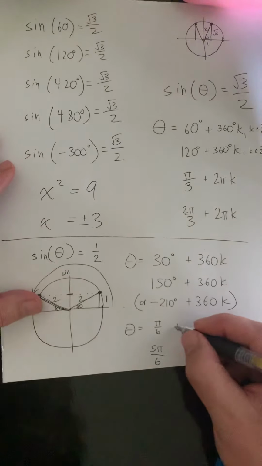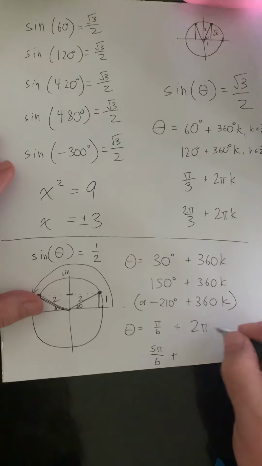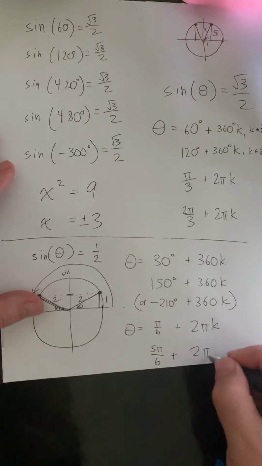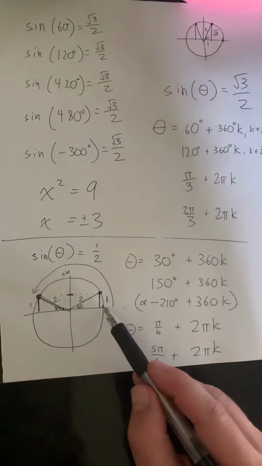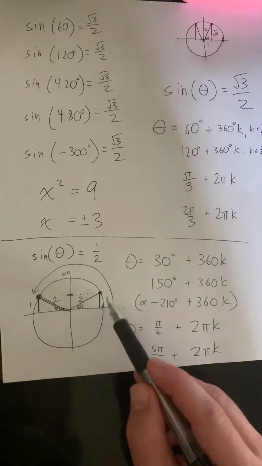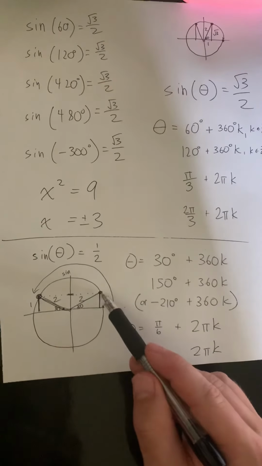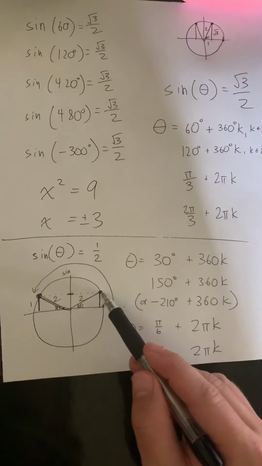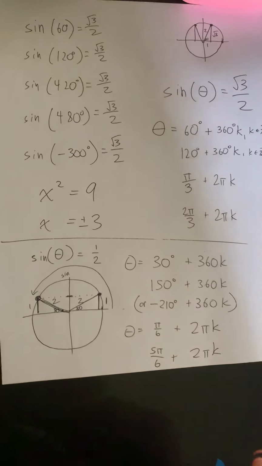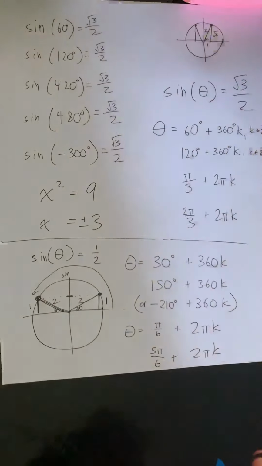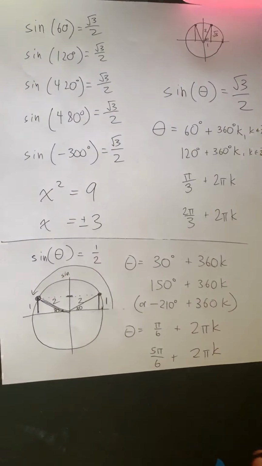Notice they have to have the same denominator, and we will tack on the 2 pi k for the extra spins. If rather than just rotating here to here, what if you want to spin around the circle and stop right here? Then you've gone pi over 6 plus 2 pi. Okay. Very good.